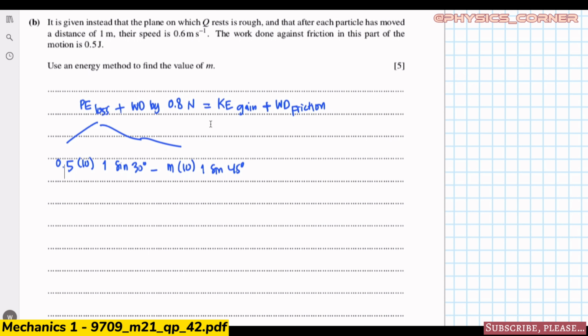Then after that, plus work done by the 0.8 newton force. This is 0.8 times 1 meter, because we have 1 meter as the distance.